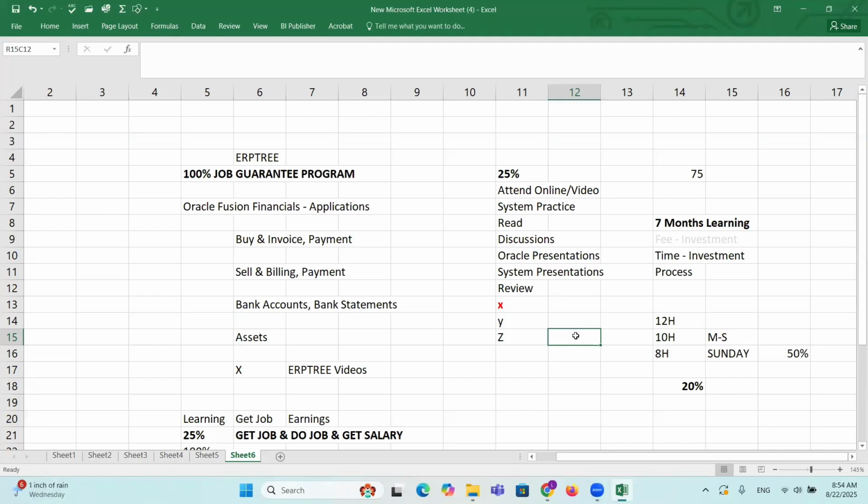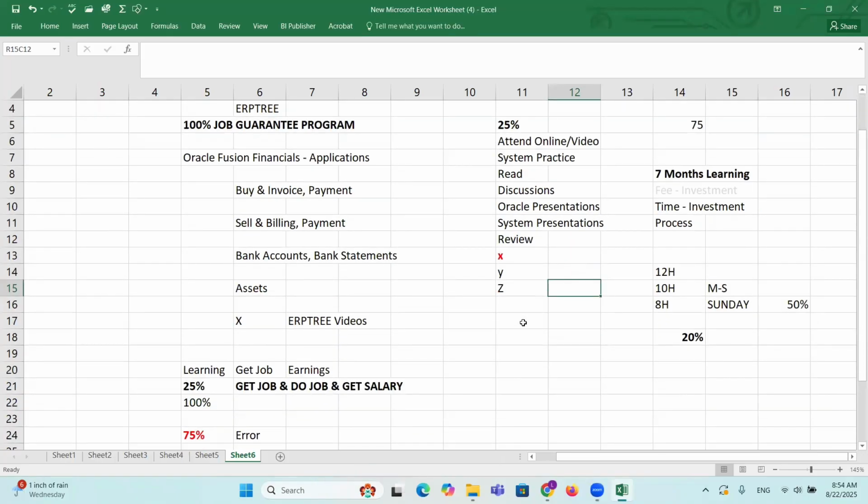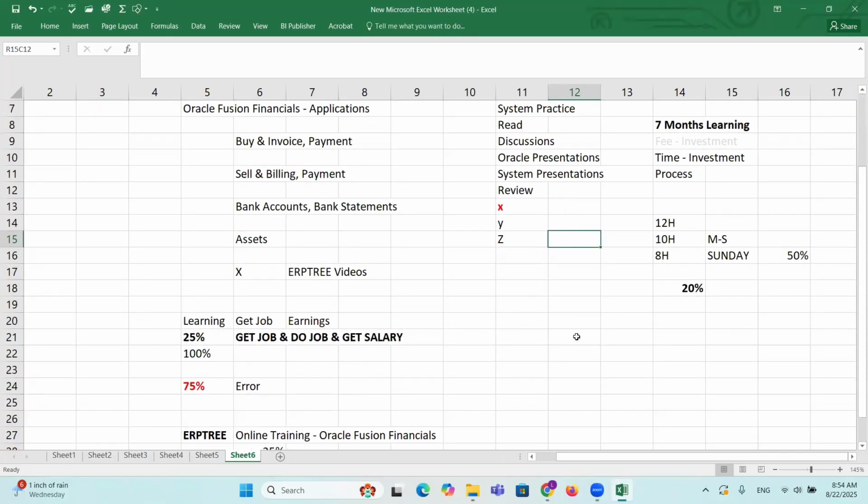When we are working for any company, you have to respect that company. You should not cheat that company. When you join in any company, you are the one party. The other party is your company.